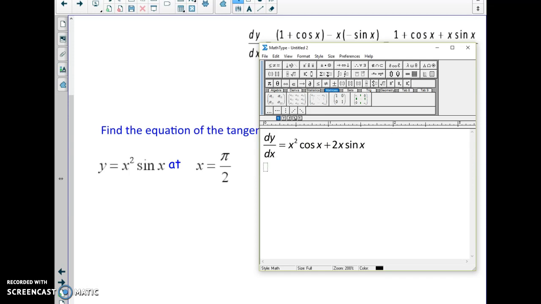Okay, so there's my derivative, and now I need to find the value at pi over 2, so I'm going to substitute pi over 2 in.